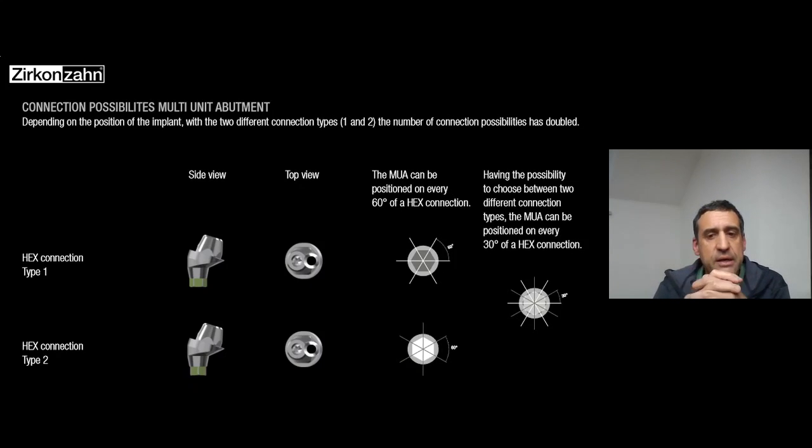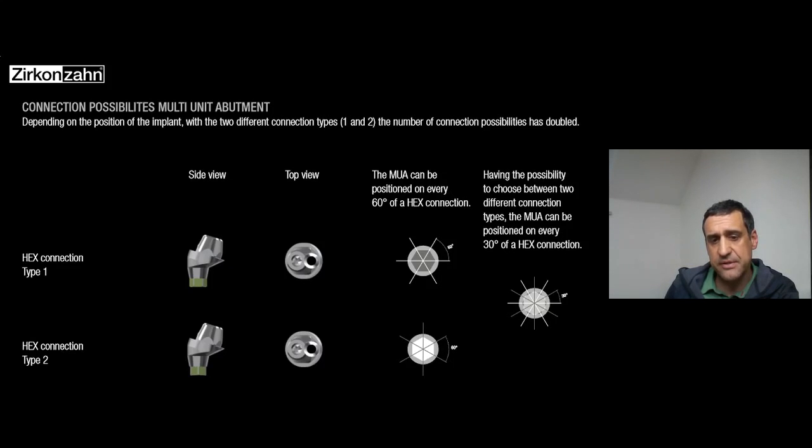Here you can see from this slide how I already explained to you, but here you can see it better. So you have the type 1 and the type 2. That's about the multi-unit angulated, for example. And you can see that here the connection, the X of the connection, the top of the multi-unit is the same.